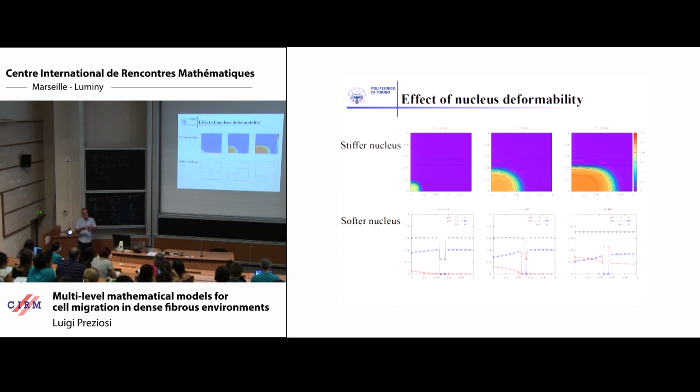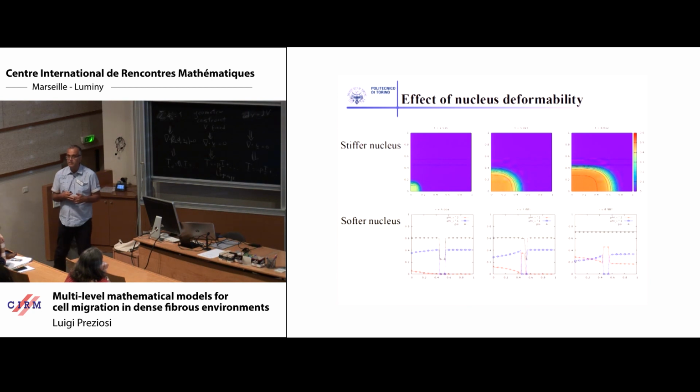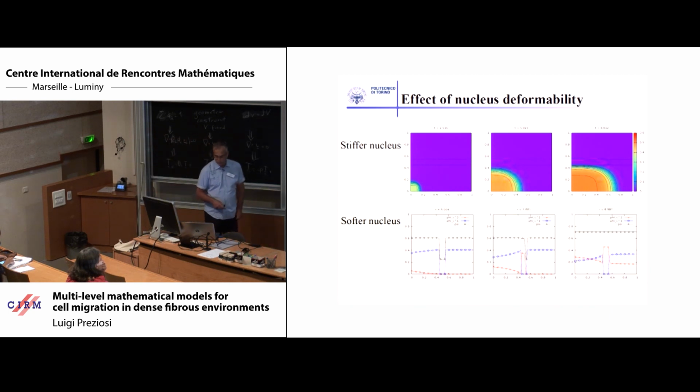They cannot pass through this thick membrane because their nucleus is stiff. Now I'm adding a clone in which the nucleus is softer, and when they populate and grow and reach this region here, they populate the thick area, pass through, and go to the outside. So this population is able to do that.